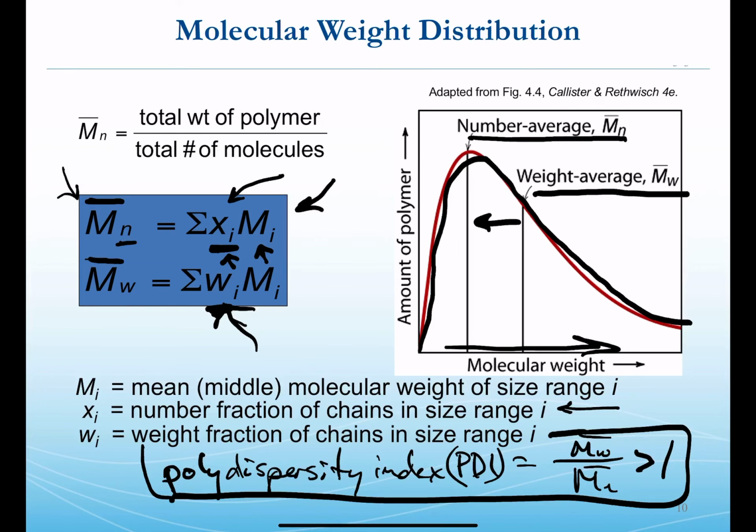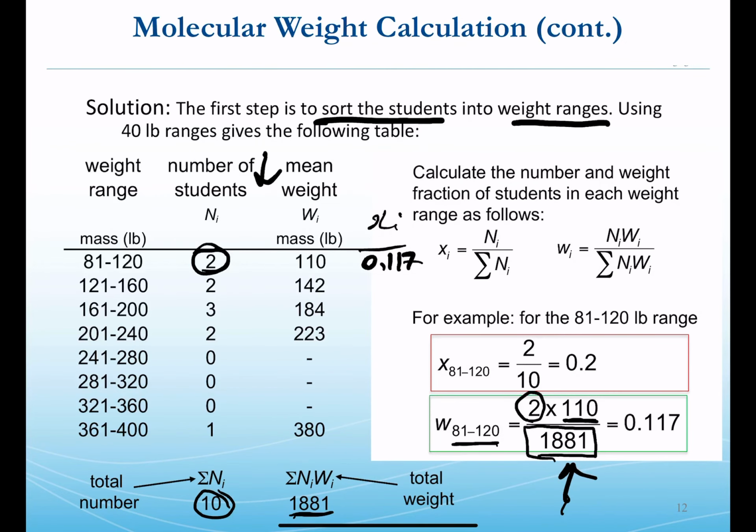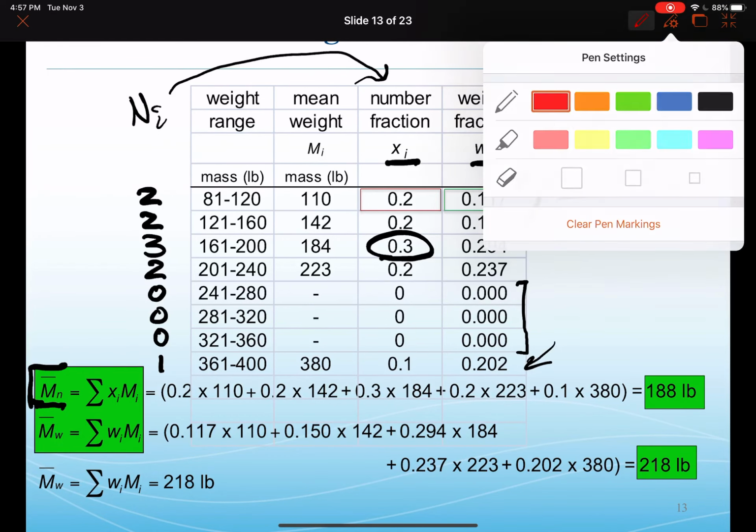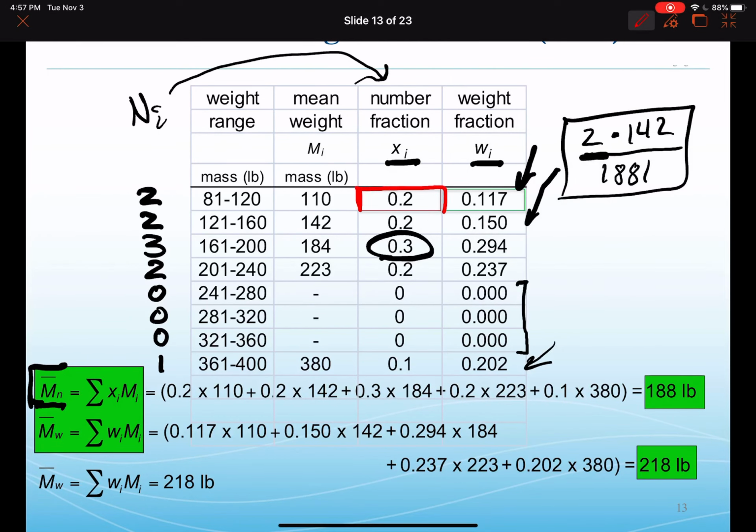So with those ideas, let's go back and let's look at the calculation for the number average molecular mass of the students in this class. Okay, so we saw the 0.2, that was our red square up there. So this red square here, we see that value right here, and we're going to multiply through by the average weight of the row. So here it is right there.